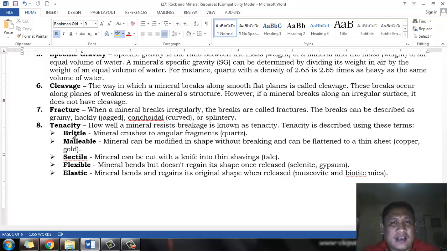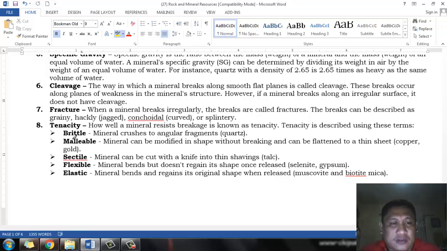So another tenacity terms that we could talk about could be malleability, malleable, being malleable. So gold is one of the most example of this malleable mineral. And copper, for example, when you say malleability, pwede na to siya thrown into thin sheets. Pwede to pipion, makamold na niya into different shapes.